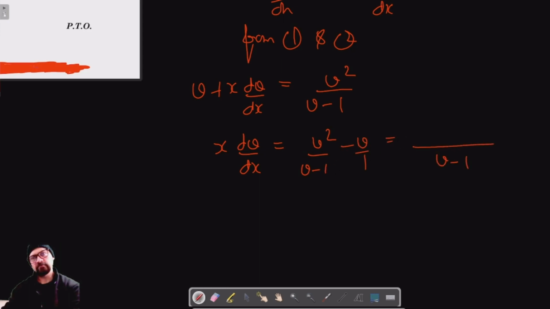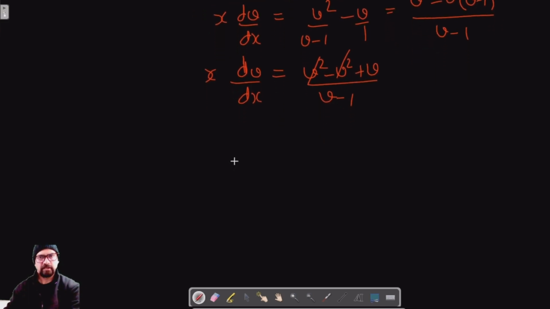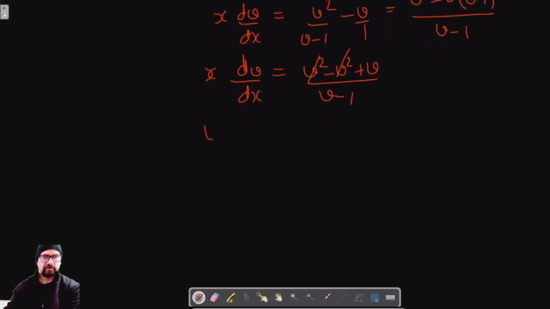And if we take LCM, v square minus v into v minus 1. So this is now dv by dx is equal to v square minus v square plus v upon v minus 1. This gets cancelled. This is x. And separating the variables gives us v upon v minus 1 into dv is equal to dx upon x.